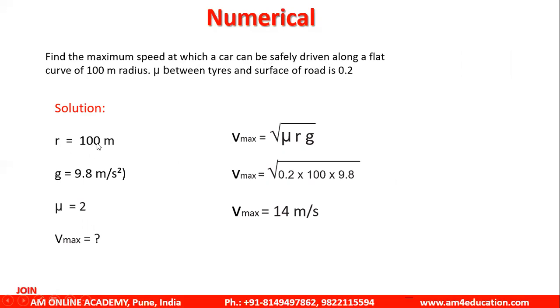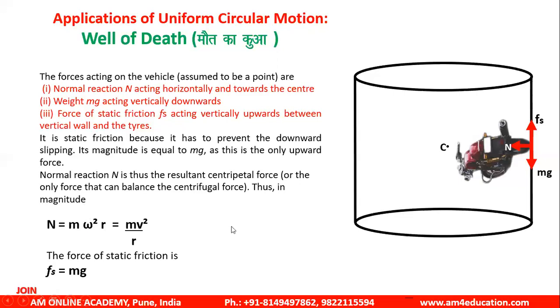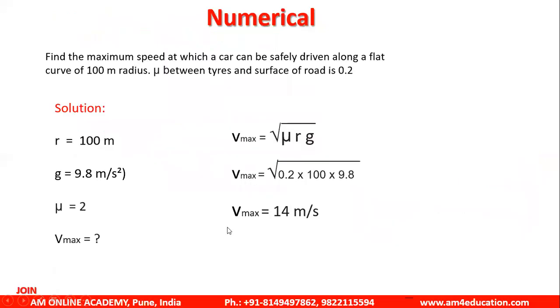R is equal to 100 meter, g equals 9.8 meter per second square, and mu equals 0.2. And Vmax we have to find out. Since it's a coefficient of friction, the value is always less than or equal to 1. So here there is a mistake, it's 0.2.